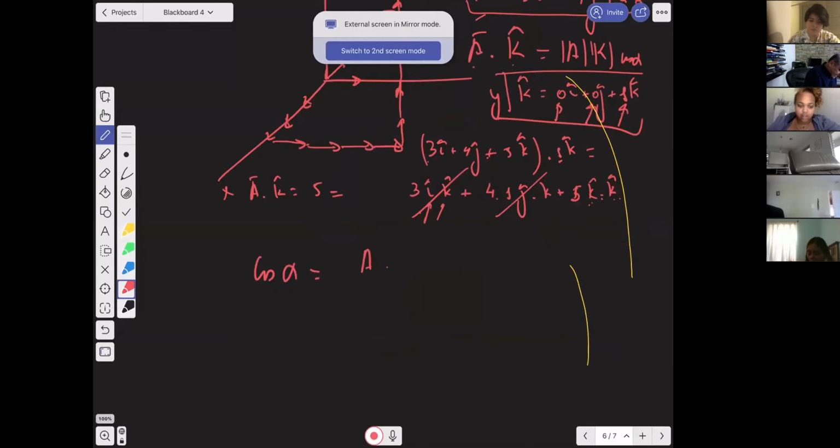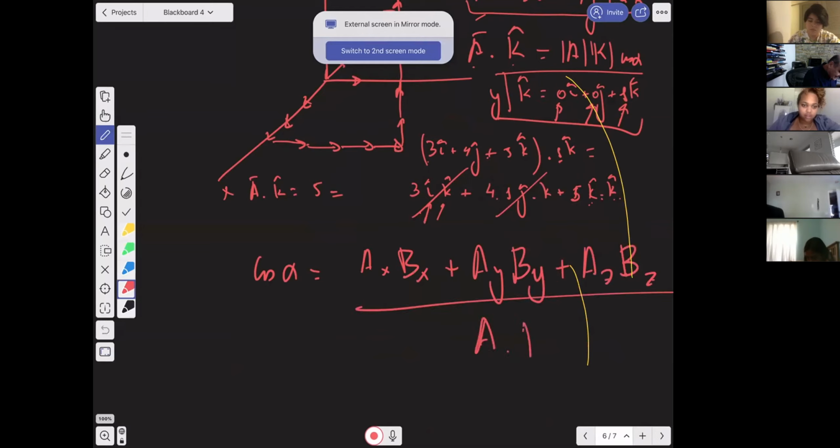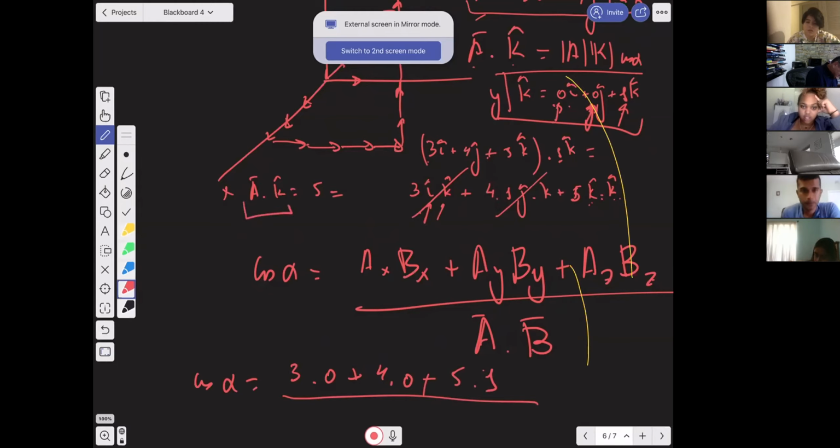What is the cosine of the angle? Cosine of alpha is ax bx plus ay by plus az bz, divided by A dot B. But I know how much A dot k is, which is 5.